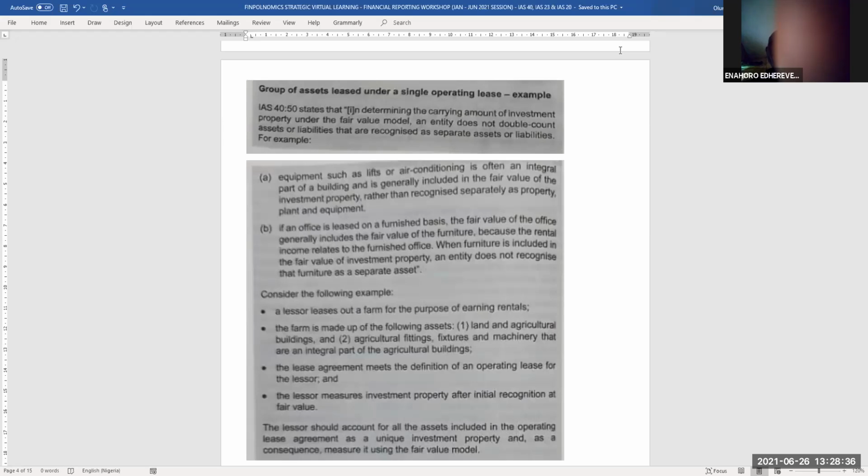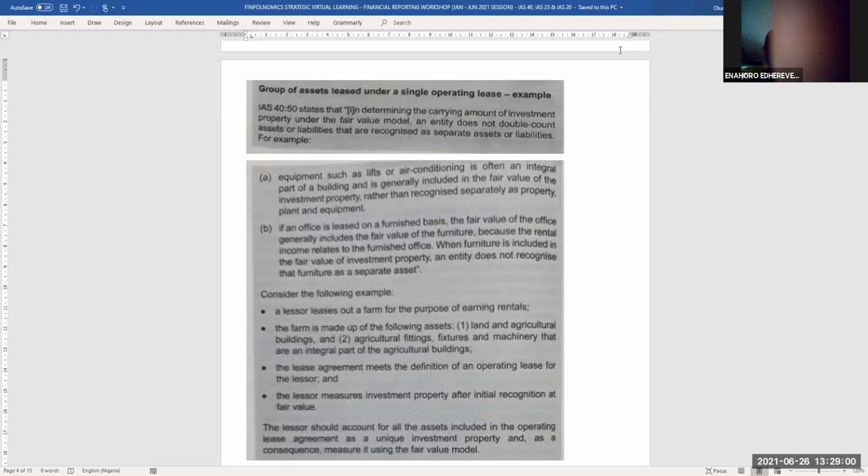B, if an office is leased on a furnished basis, the fair value of the office generally includes the fair value of the furniture because the rental income relates to the furnished office. When furniture is included in the fair value of investment property, an entity does not recognize that furniture as a separate asset.